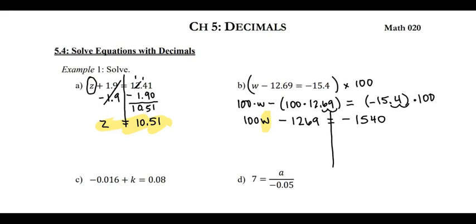Since I'm already subtracting, I'm going to add 1269 to both sides. So I have negative 1540 and positive 1269. Let me write this problem horizontally so we can see it better.